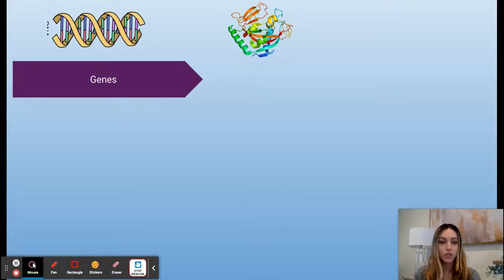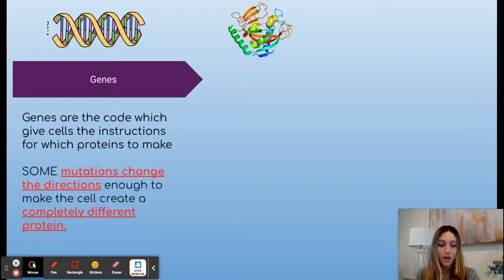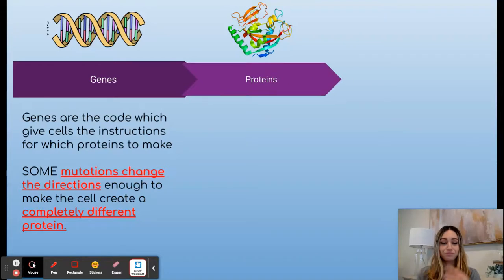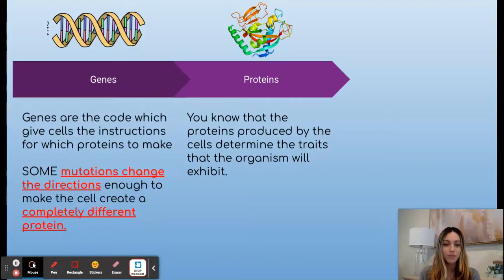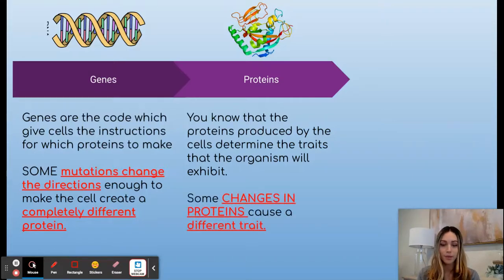So we know genes are those sections along DNA that give the instructions or the directions for which proteins the cell should make. Some mutations actually change those directions or edit that recipe enough to cause a different protein to be created. We also remember from our previous video that proteins and the functions that they perform determine the trait that the organism will exhibit.